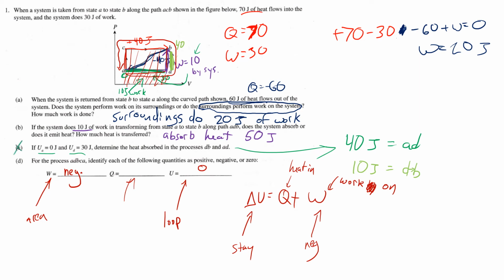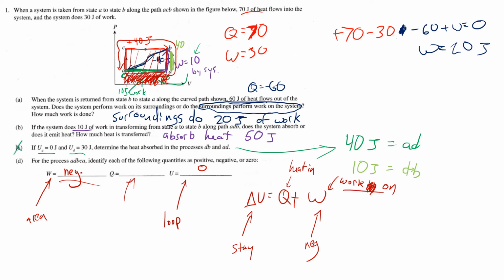Because this is negative, the system is doing negative work. So we know that the work on is negative. All right, since the area is below, that means that there's no work that this system does. It's just work on the system, which means that work on is happening.